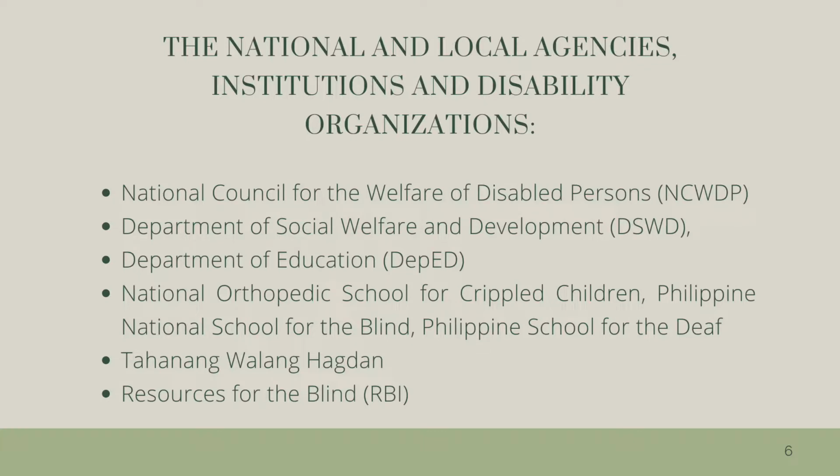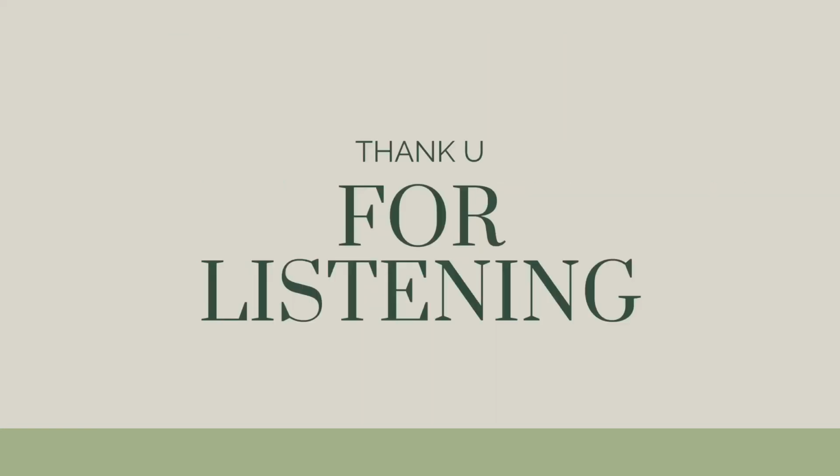They can contact national and local agencies, institutions, and disability organizations like the National Council for the Welfare of Disabled Persons or NCWDP, the Department of Social Welfare and Development or DSWD, the Department of Education or DepEd, the National Orthopedic School for Crippled Children, Philippine National School for the Blind, Philippine National School for the Deaf, Tahanang Walang Hagdan, and Resources for the Blind or RBI, among others, which can give them the information they need for their child or student with physical or severe disabilities.